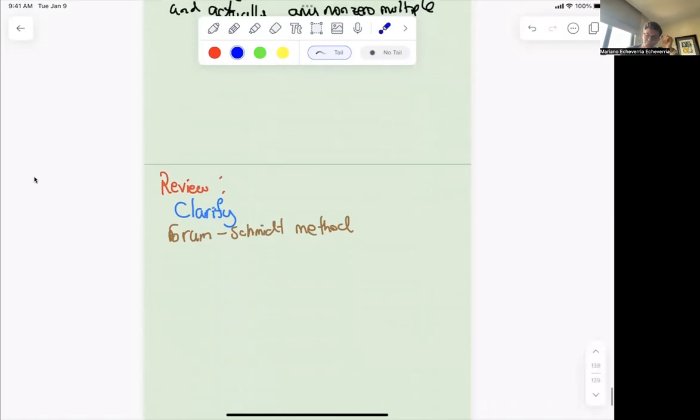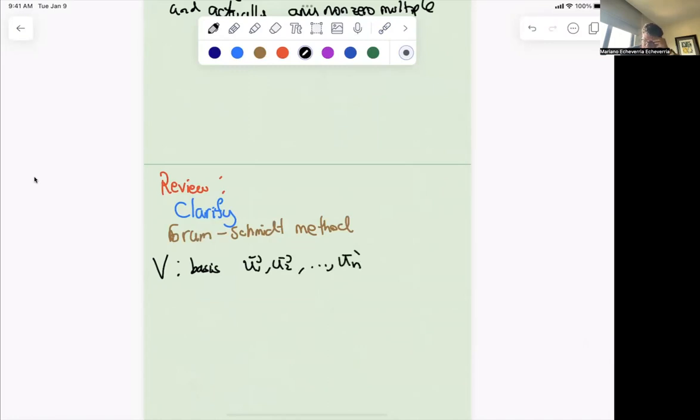What I wanted to say about the Gram-Schmidt method is that the way I explain it is you start with a basis of V, in which all the vectors may not be orthogonal, and the Gram-Schmidt process will make them orthogonal for you.